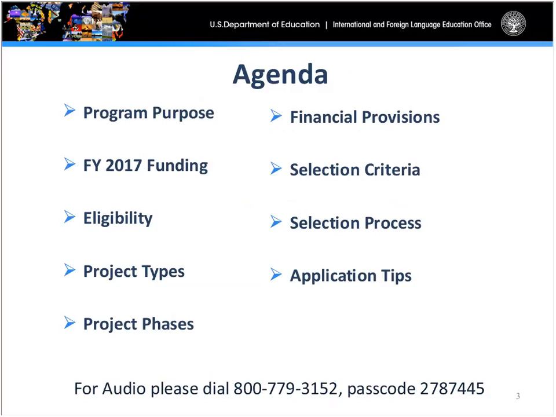Then the project phases, the financial provisions allowed under this grant, and the selection criteria, which I'm sure all of you are very excited about hearing. This is the means that the reviewers will use to score your application. Then the selection process, so the next steps in the process, and any tips that we can give you to help you with your application.